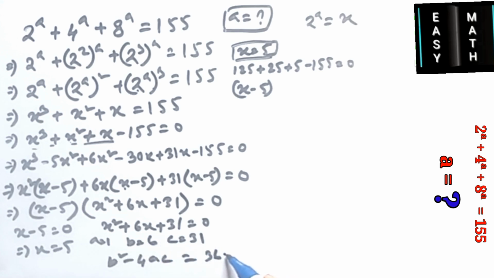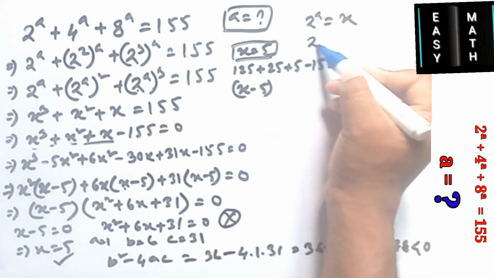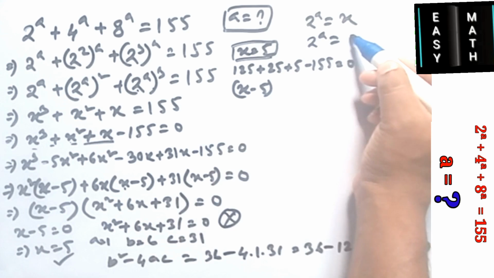So 6 square is 36, and 4 into 1 into 31. So 36 minus 124, this is less than 0. So this term you find out the root, there is no real number, so cancel this, only taken this. So 2 to the power a, x value is 5.